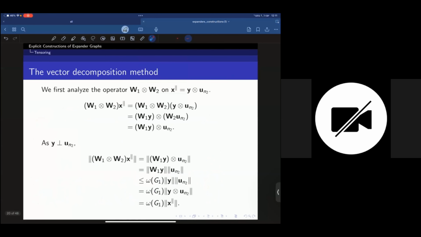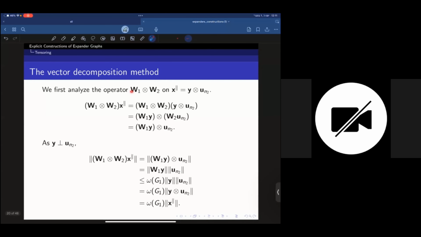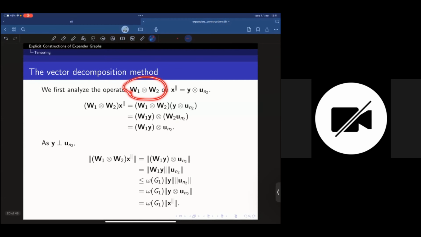Good. So now that we have this decomposition, let's see what the random walk matrix does to each part separately. I should analyze omega 1 tensor omega 2, because we said that's the random walk matrix of the tensor. So I should ask what this does on x.